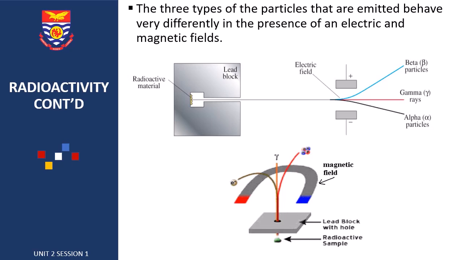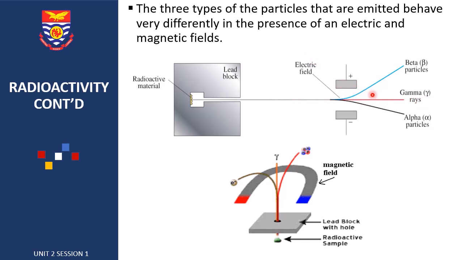For example, the alpha particles, which are positive in charge, are deflected to the negative plate when they come into contact with an electric field, as the diagram is showing here. The beta particles are negative in charge, so they are deflected toward the positive plate, and the gamma rays, because they have no charge, pass through the electric field.